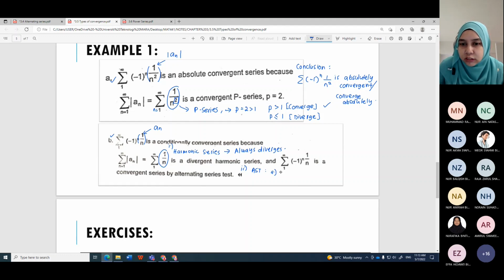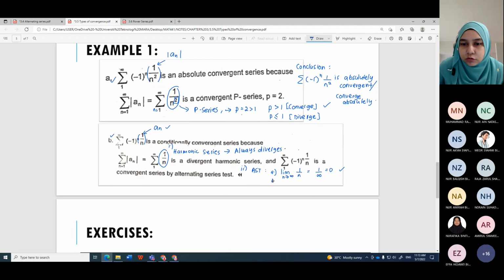First condition, you have to prove limit A sub N, where A sub N is 1 over N, when N approach to infinity. So 1 over infinity is equal to 0. So the first condition is proven for AST test.